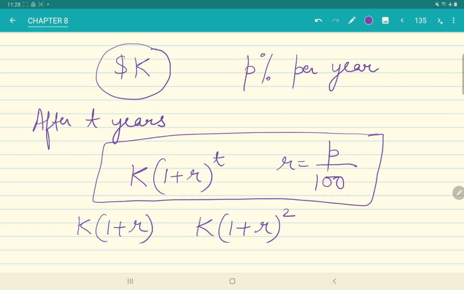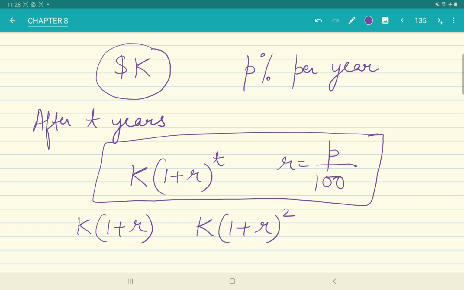This reflects the fact that at the end of each year we are adding interest to the principal. Let us suppose we are adding interest to the principal after each 6 months, but at the interest of p by 2%.